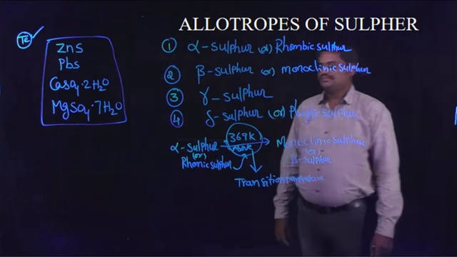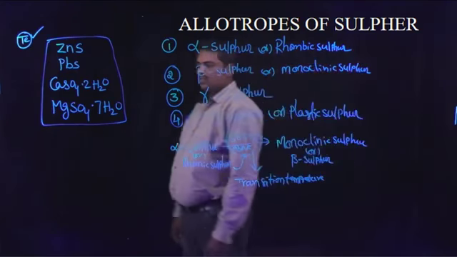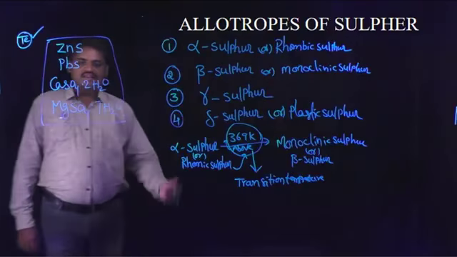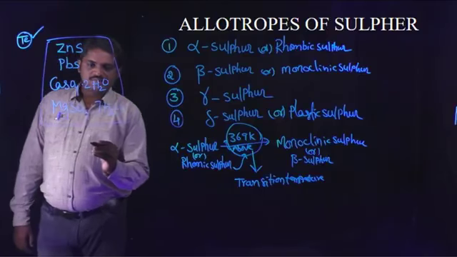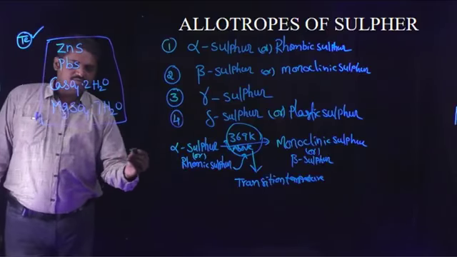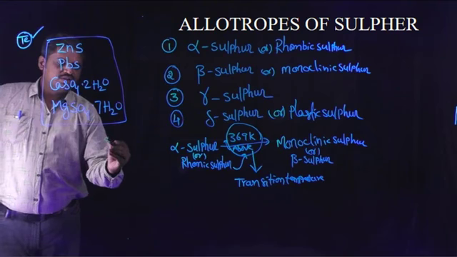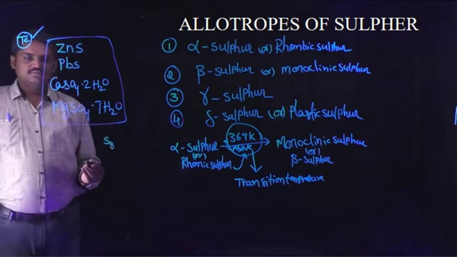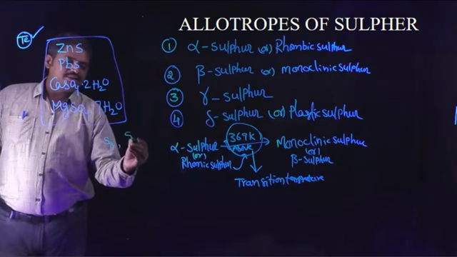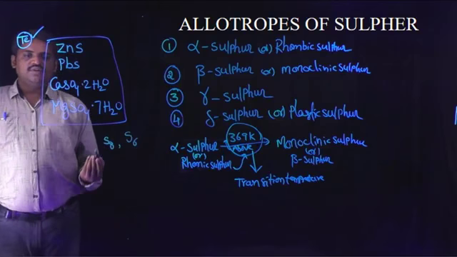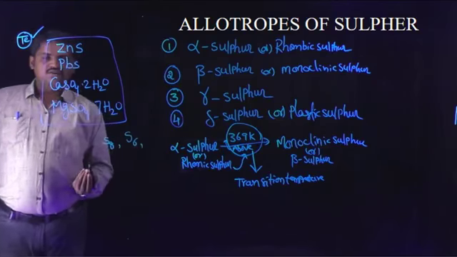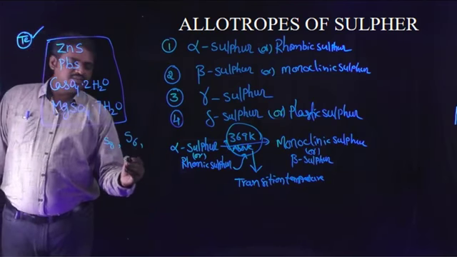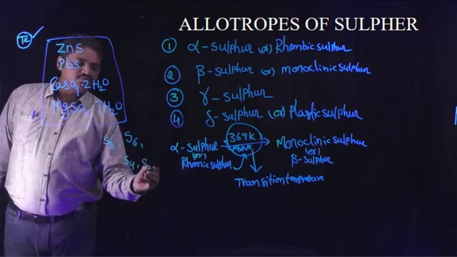Next, the molecular formulas of these allotropes. They form different types of chemical formulas. Some of the allotropes exhibit the S8 form, a few exhibit the S6 form, and very few exhibit the S4 form and S2 form.